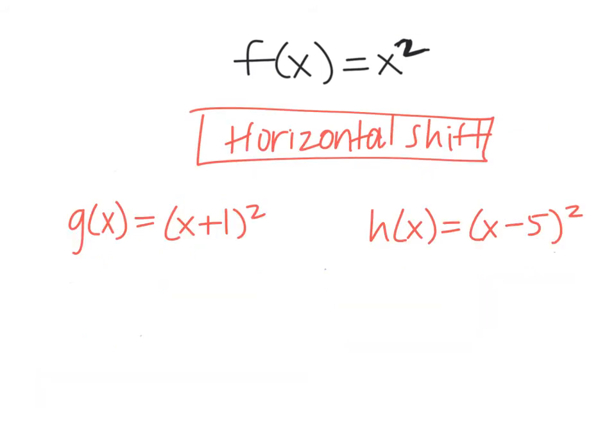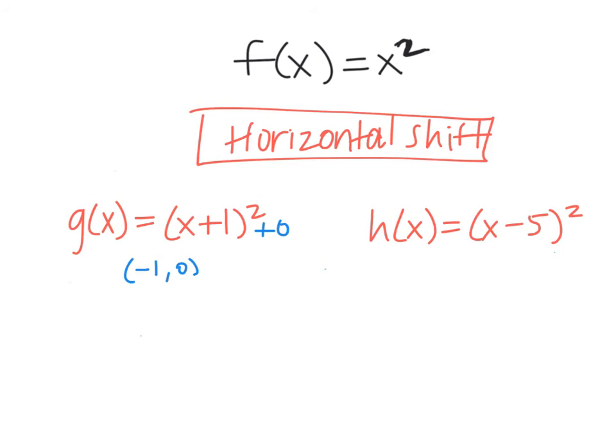Okay, now let's talk about horizontal shifts, which can be left or right. You need to think about what your vertex is actually going to be. So for this one, my vertex, remember you could do plus 0, is at -1, 0. So it's going to take my vertex and move it left 1. I know that's kind of counterintuitive since this is positive 1, but remember for the vertex form, you change the sign.